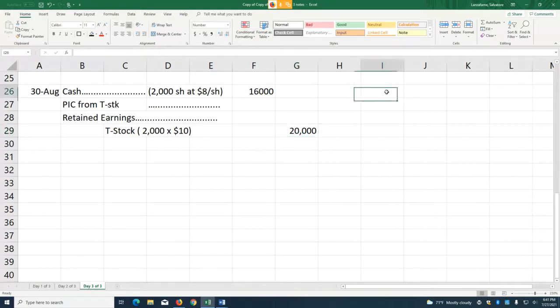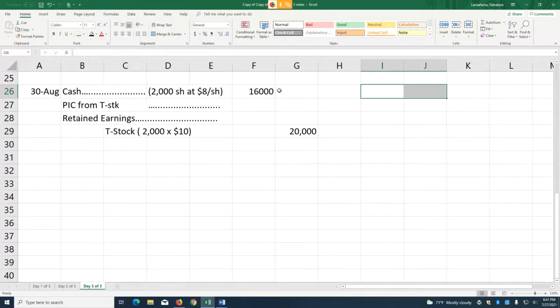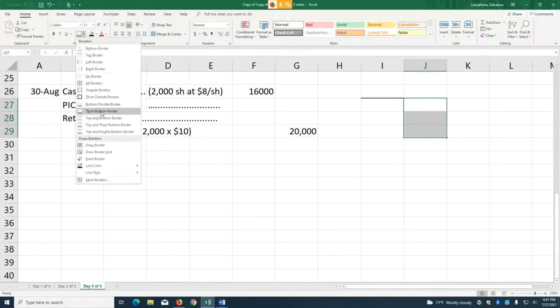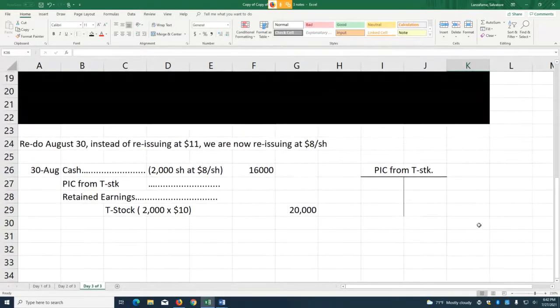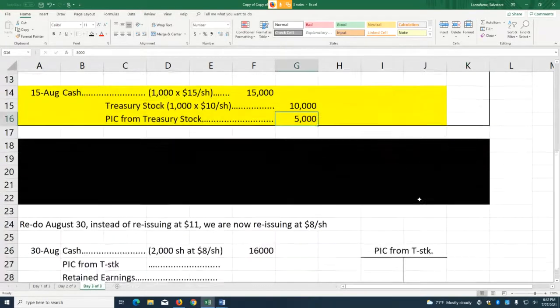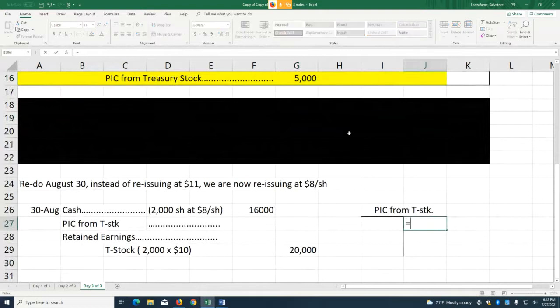Right? So let me make a little T account here for a quick second. And we'll call that PIC from Treasury Stock, just so you can get a little visual here. So we originally had 5,000 in that account.